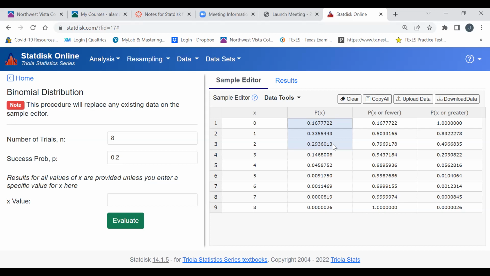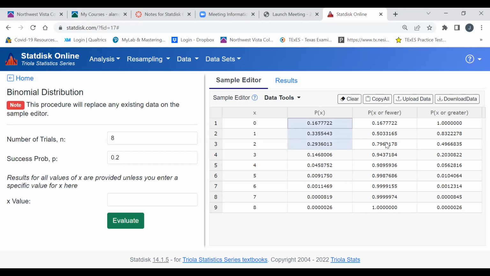I hear one of you saying, wait a minute, I see that number, 0.7969178. Yes, that's right. Remember, we talked about this being the cumulative. These 3 numbers equal that number. So you're saying that fewer than 3 is equivalent to 2 or fewer.